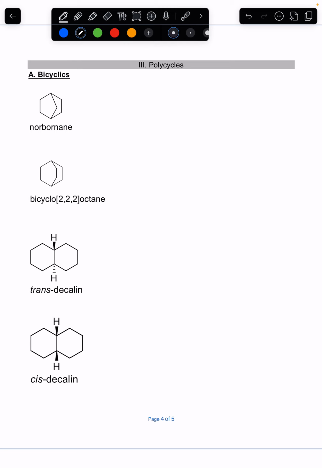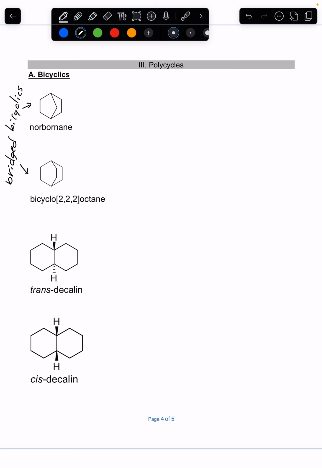So let's break these down. These 2 molecules would be considered bridged bicyclics. And the reason is there's a bridge here in the middle, right?